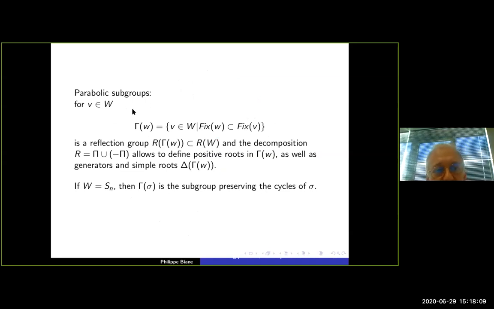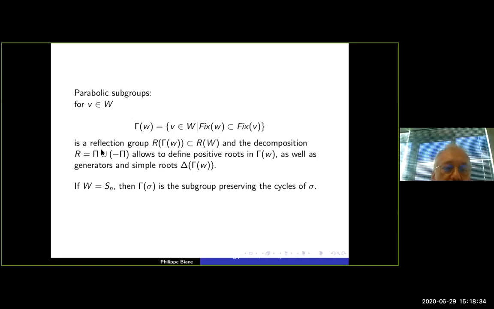For this, I need to introduce what I call parabolic subgroups. So suppose I have, sorry, this should be a W. So W, an element in my Coxeter group, W. So gamma of W is the set of all V such that the set of fixed points of V contains the set of fixed points of W.